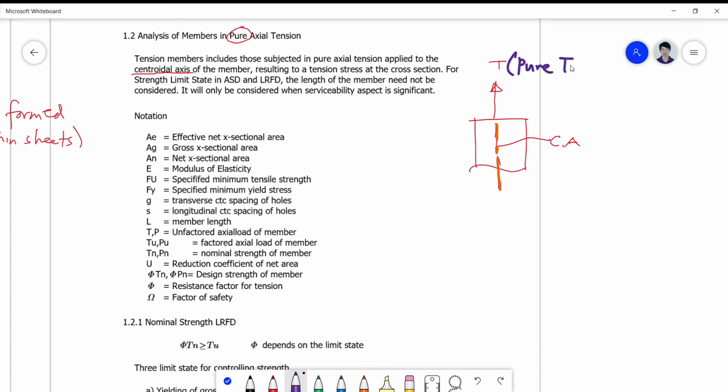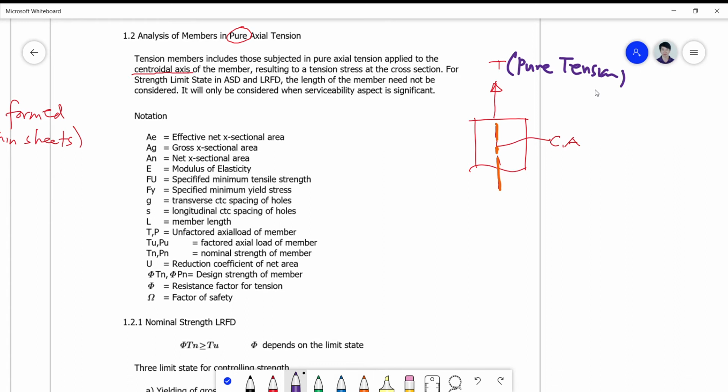So this is a pure axial tension, because later on when we try to mix the tension limit state with other limit states, we will be having some adjustment on the formula that we ought to consider.